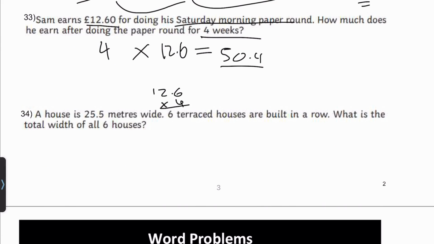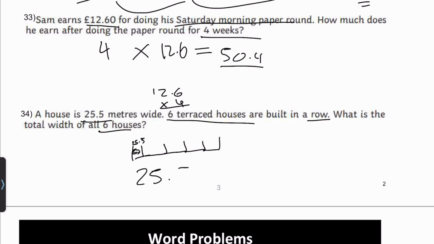So a house is 25.5 meters wide. 6 houses are built in a row. What's going to be the width of all 6 houses? They haven't said there's going to be a gap between the houses, right? Because they're terraced houses. So if 1 is 25.5, 6 is just going to be 25.5 times 6.